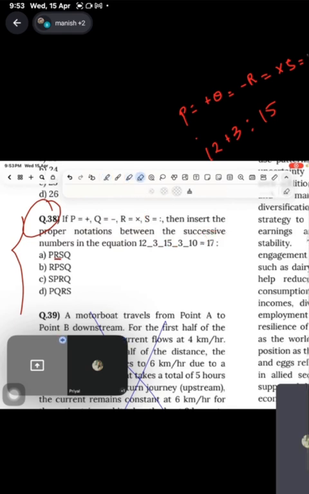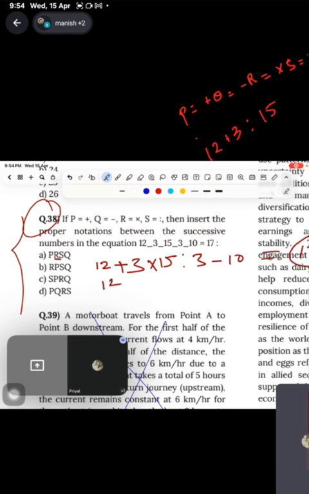So let's check option number one. Here P equal to plus 3, then R equal to into 15, and here S equal to division 3, then Q equal to minus 10. Now the result should be 17.